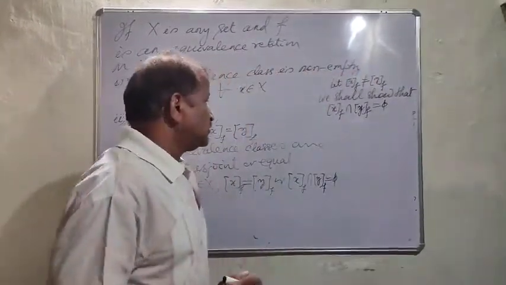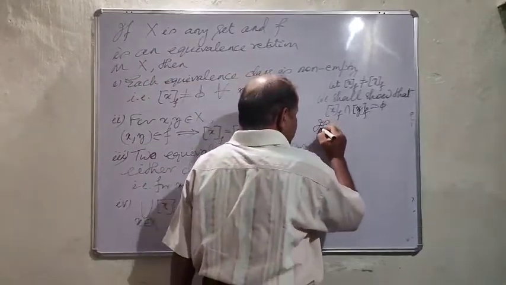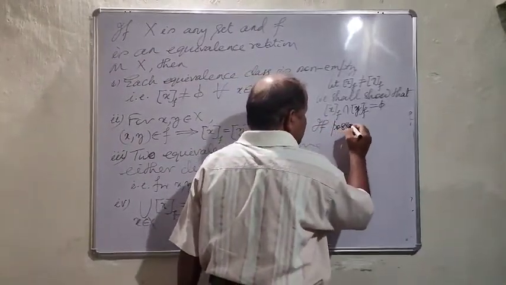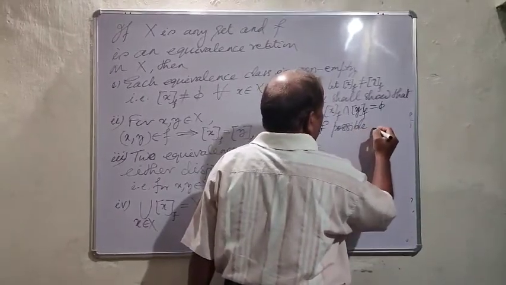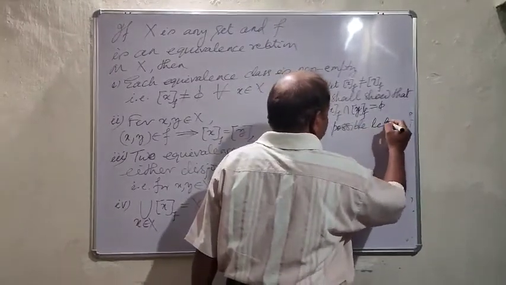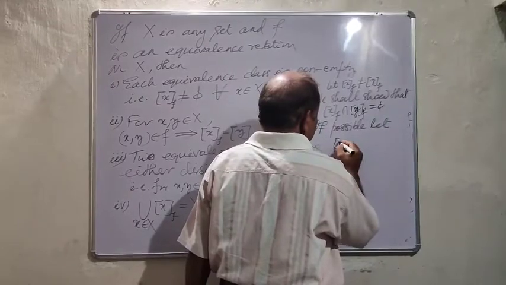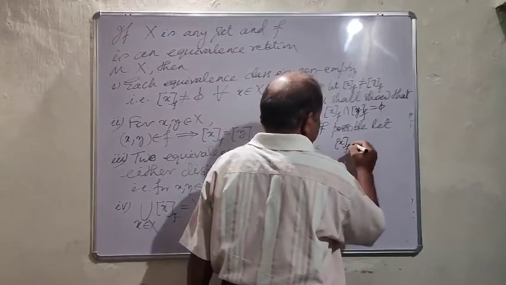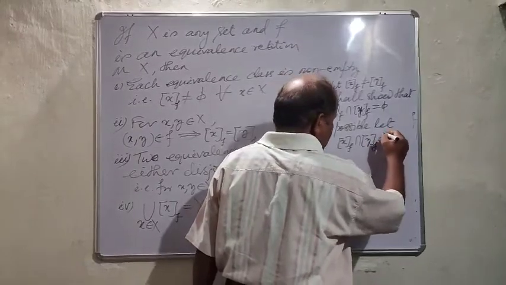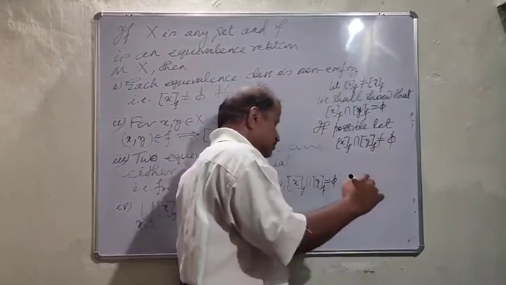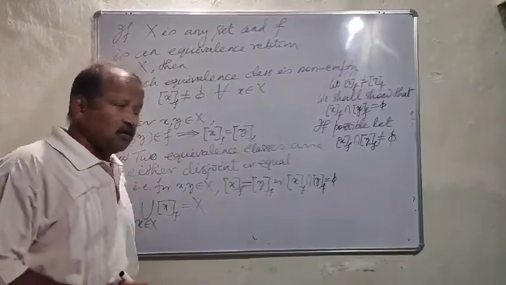Suppose, if possible, it is called the method of contradiction. If possible, let the equivalence class of X intersection the equivalence class of Y be not null. Suppose it is not null.